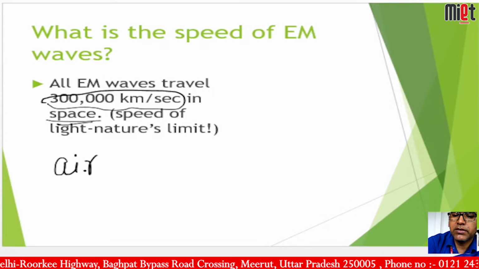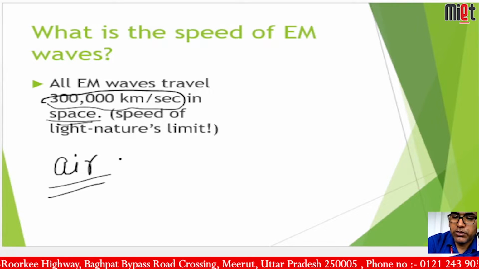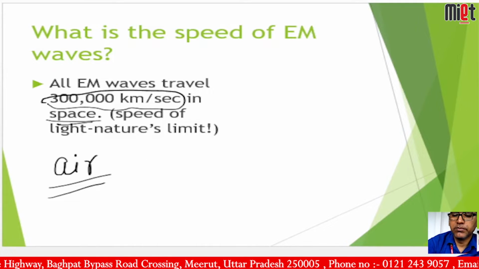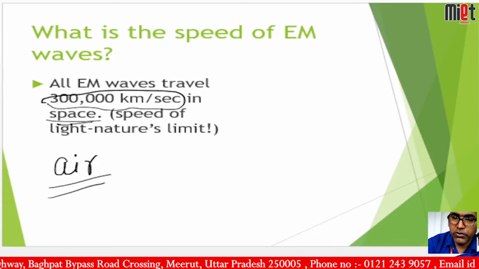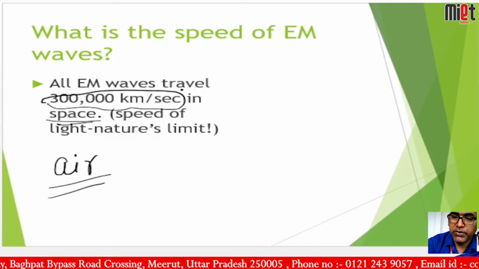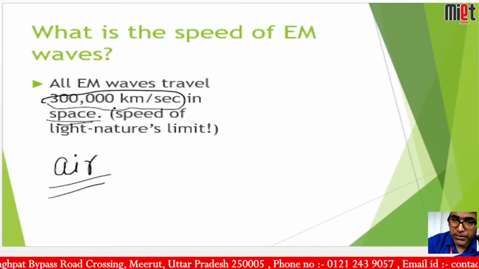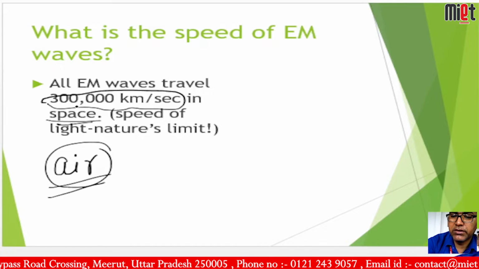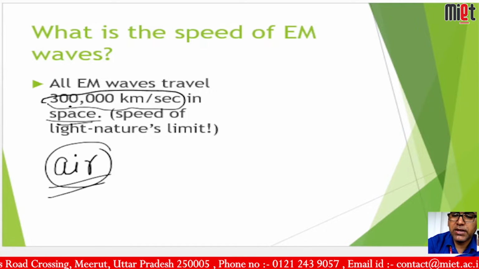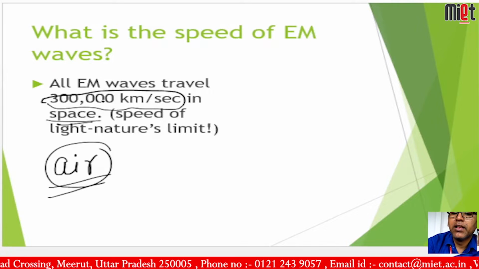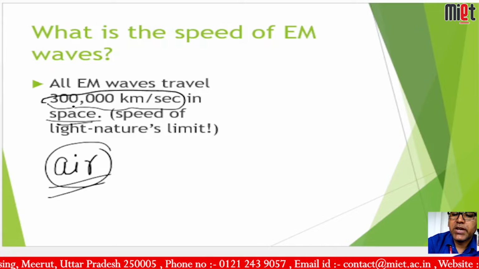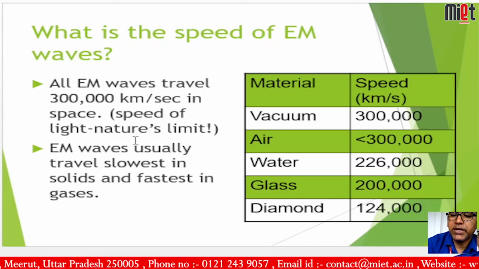Air is similar to space, but there are some particles in the air, and therefore electromagnetic wave will travel in the air with a speed nearly equal to 3 lakh km per second, but not exactly equal to 3 lakh km per second. 3 lakh km per second speed is in space. Speed in the air will be slightly lower than 3 lakh km per second.